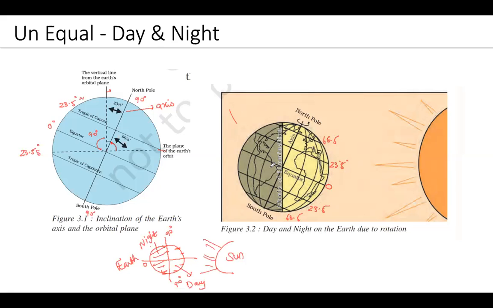When the earth is tilted, the sun rays are falling so this part will be night and this part will be day. You see here, it is not exactly half daytime because it takes some part here, so it is slanting, so there is unequal distribution.